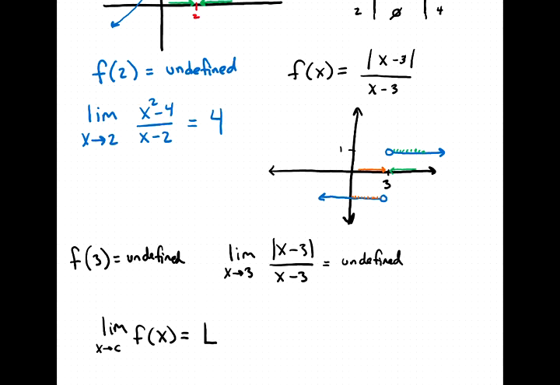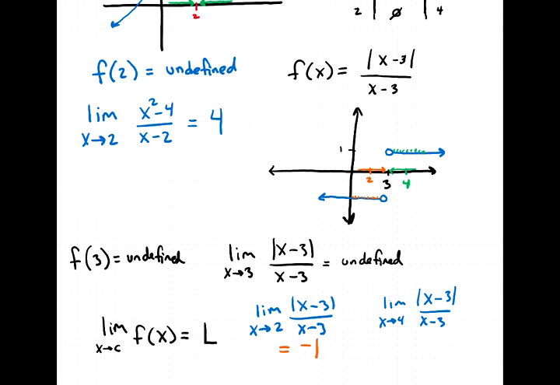But if this was anything other than 3, we would be fine. If we had the limit as x approaches 2 of this function, or we had the limit as x approaches 4 of this function, we're fine, because as the x values are approaching 2, so if 2 is here and 4 is here, all the y values are down here at negative 1.